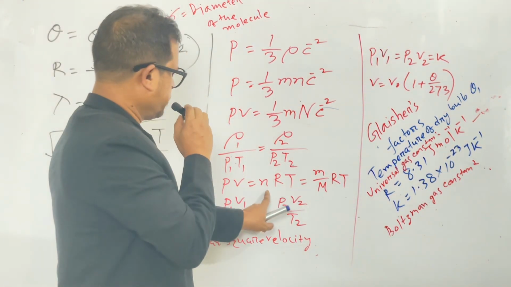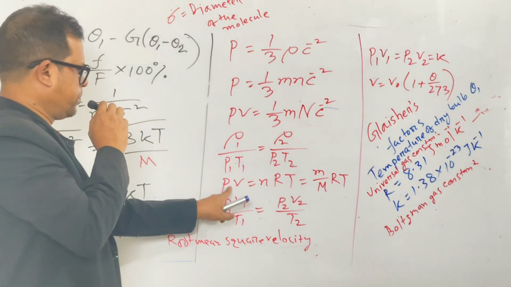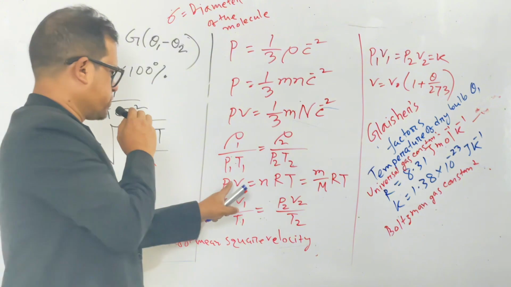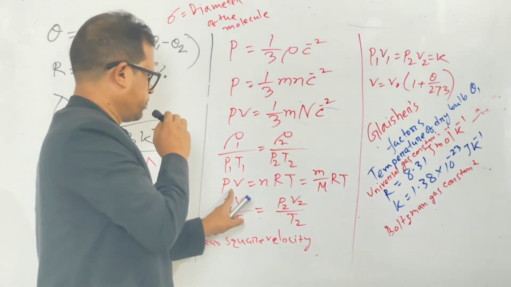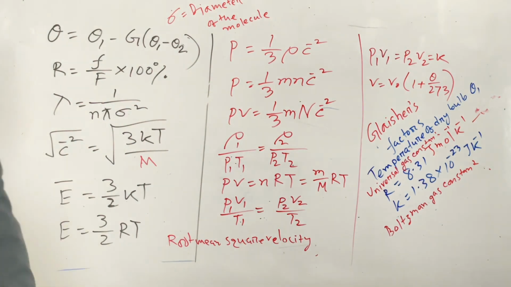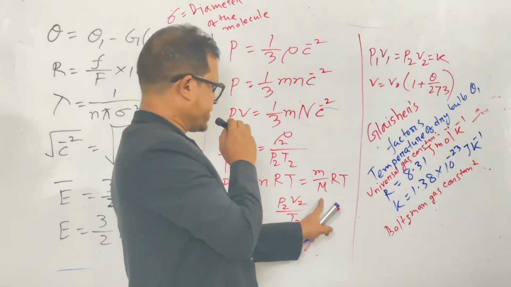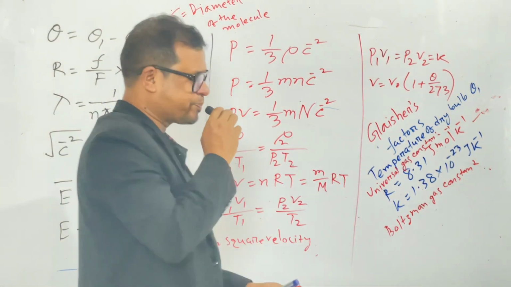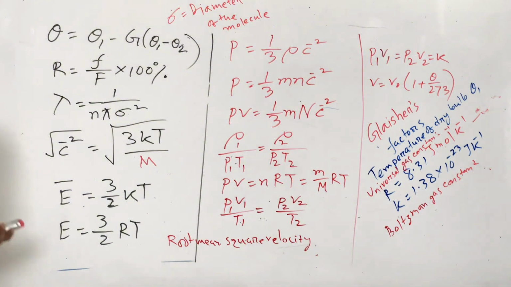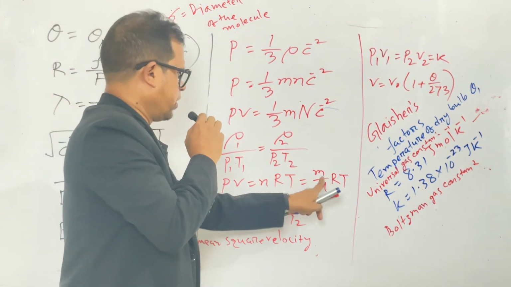PV equal to nRT. If you know nRT, you can find out PV. And if the question gives you V, n, R, T, you can find out P. This equation you have to remember. Here M is the molecular mass, and small m is the mass which the question will give, of any substance.